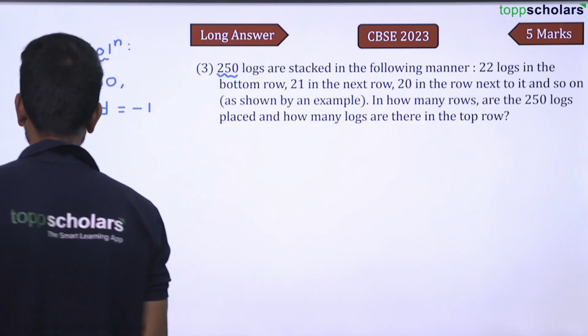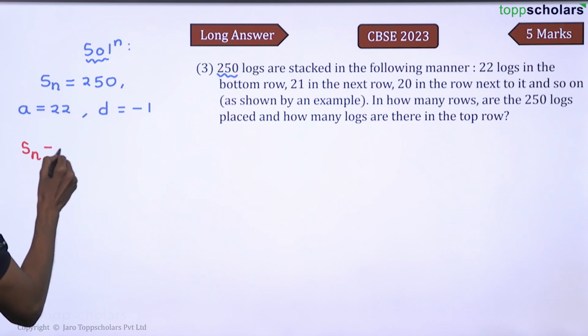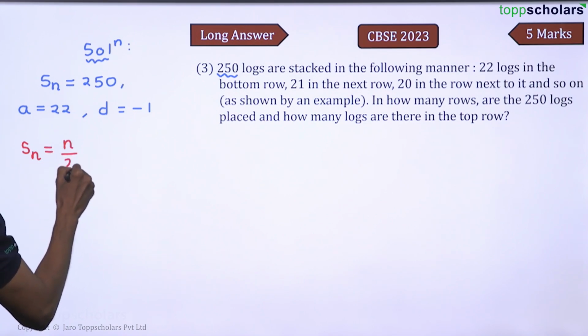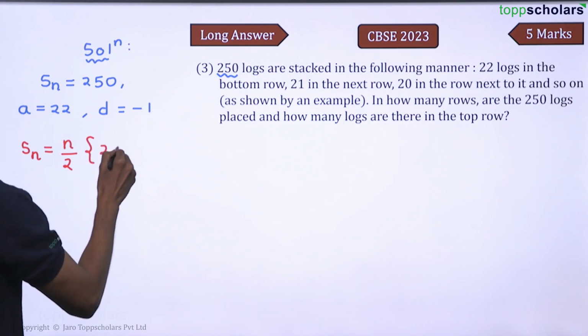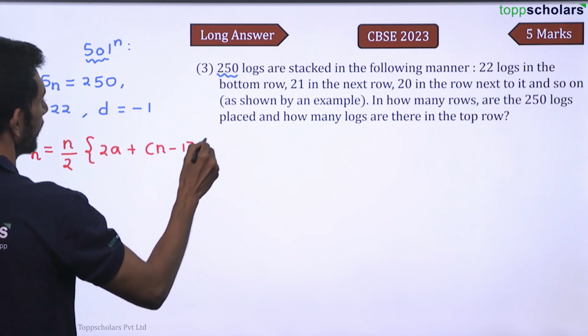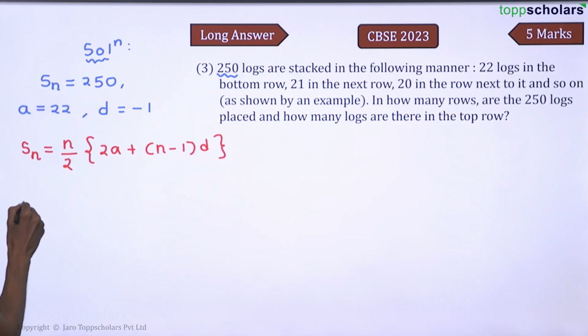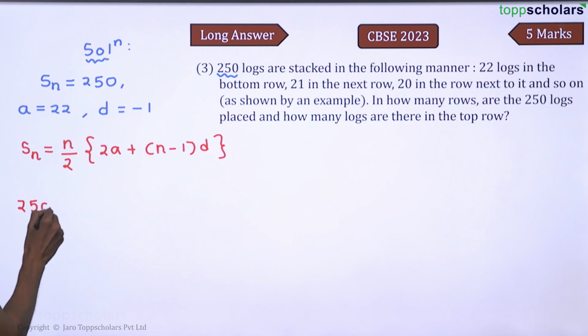Now what is the formula for Sn? The formula for Sn is n by 2 into 2a plus n minus 1 into d. So Sn is how much? 250.